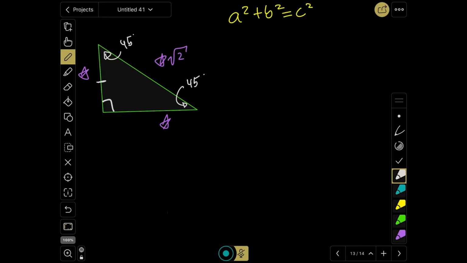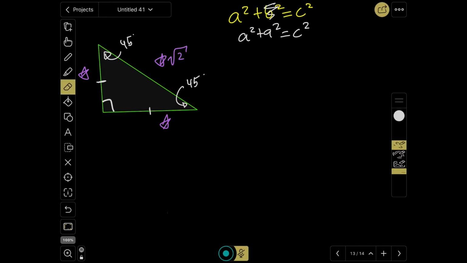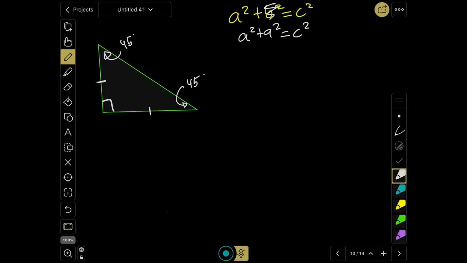Well, we know that this is an isosceles triangle, so these two sides are the same. So this is actually a squared plus a squared is equal to c squared. I'm not going to bore you with the proof, but instead I'm going to use numbers to show. So instead of our star value, let's say star equals 3.